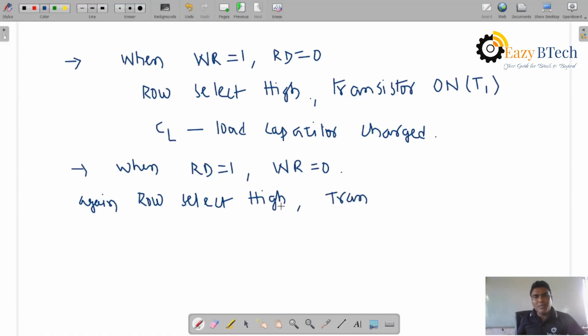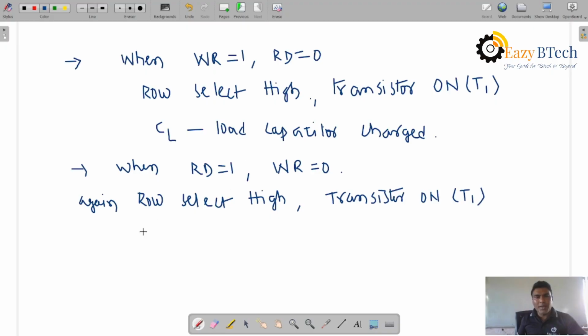The same path, it will be discharged and read into the memory cell, from memory to the transistor, transistor to memory location. Transistor T1 is on. Again it will be replaced into the memory.